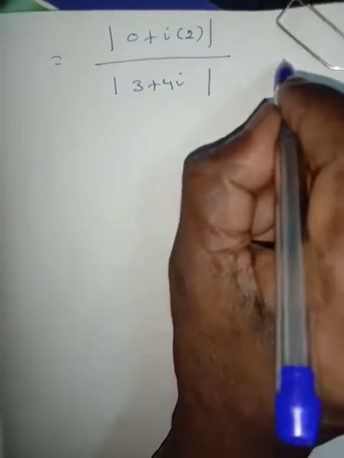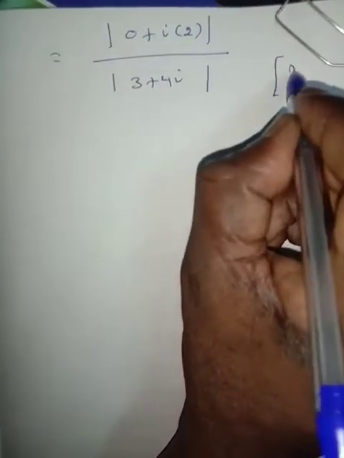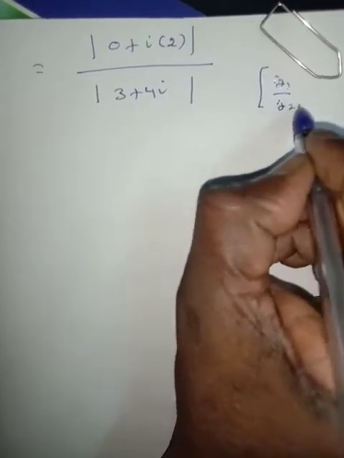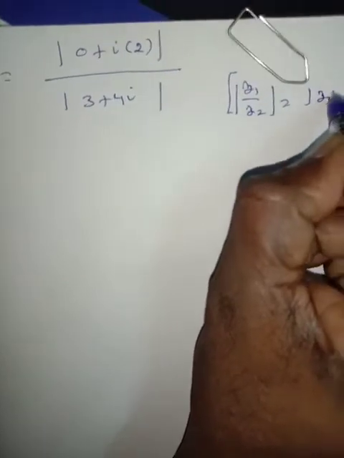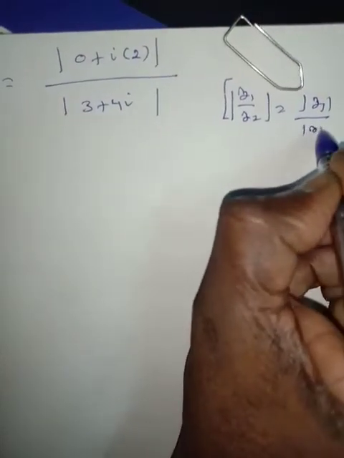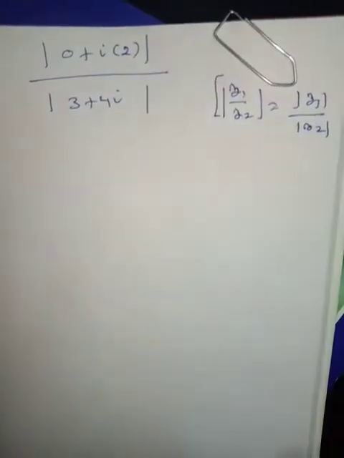Reason: modulus of z1 divided by z2 is equal to modulus of z1 divided by modulus of z2. Therefore, numerator divided by denominator.